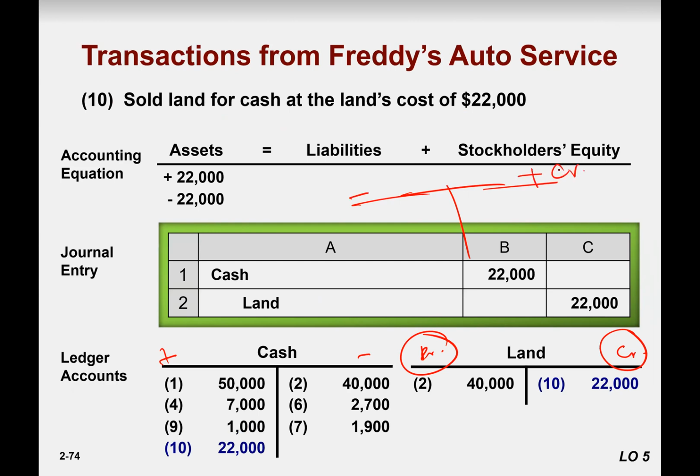This is called credit, this is called debit. So don't be confused. Just remember: on the left side there is debit, on the right side there is credit. If I don't write debit and credit next time, it automatically means there is a debit here, a credit here.